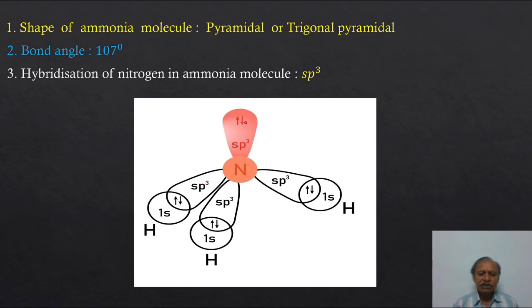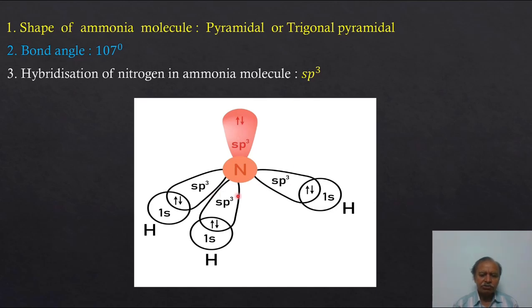So in methane there is no lone pair of electrons. None of the sp3 hybrid orbitals contain a lone pair of electrons. They all contain a single electron, and they overlap with the half-filled s orbital of the 4 different hydrogen atoms. But in case of ammonia, only one sp3 hybrid orbital contains a lone pair of electrons.